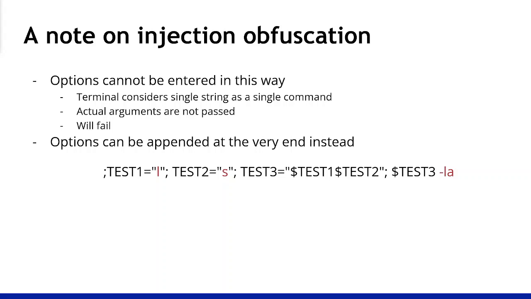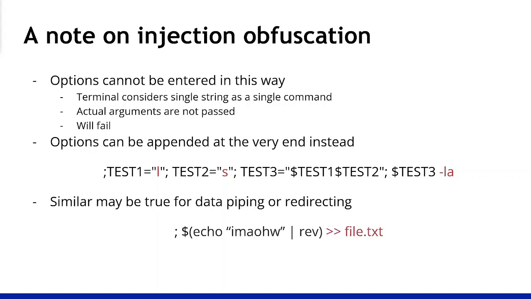If we do add arguments into our encoded commands or our slice commands, in certain cases it might treat that entire string as the command, and it will think, well, ls -take isn't a command. On its own, it's ls and then take, so it would fail. However, we can just throw that argument to the very end, and it would work.